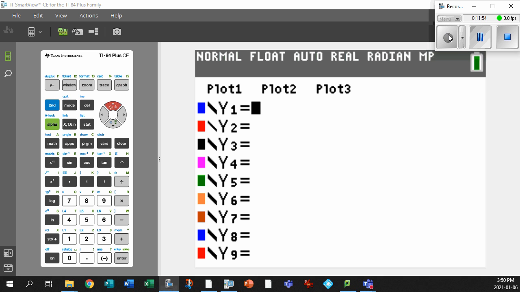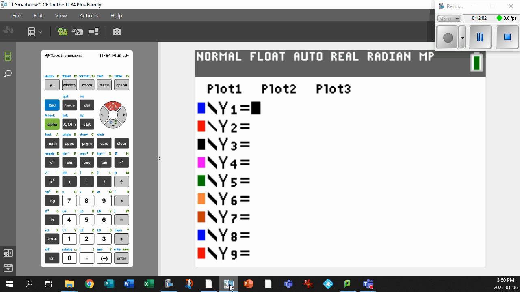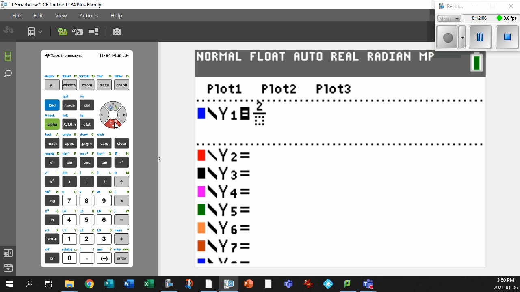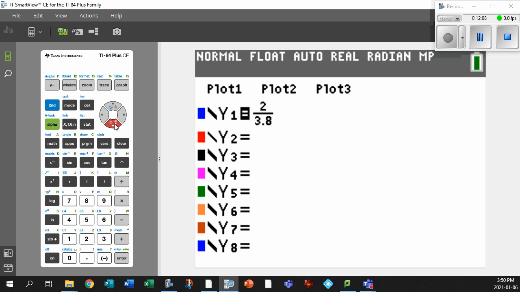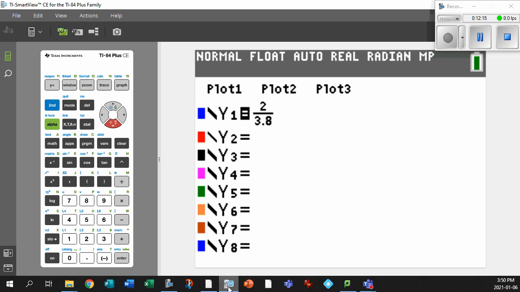I have my calculator ready to go. It's on radians, so let's put them in there. Let's put the values. So the first value is going to be 2 over 3.8. There's my y1. My y2 has to be this guy right out here, which is, of course, cos of pi over 7. Let's put that in.